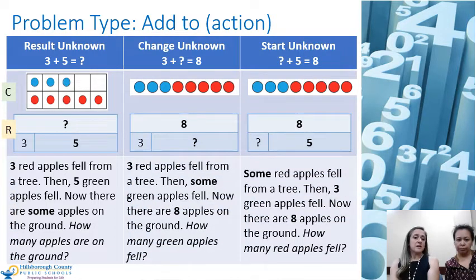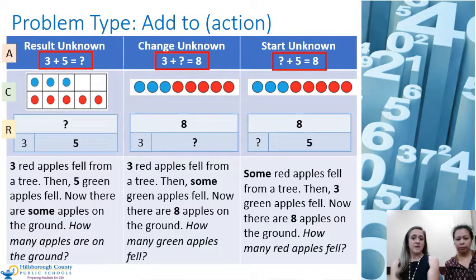And then eventually being able to connect those to the abstract numbers and symbols that we typically see. Does that make sense? It does, yeah. I can see how it would make sense for students to start with the tools and then maybe even labeling the numbers with the tools and then moving into using a picture and connecting the pictures to the equations.